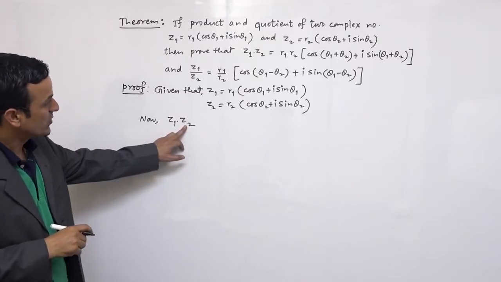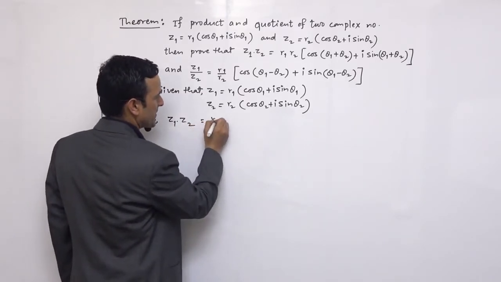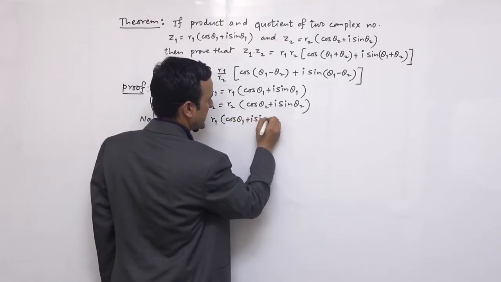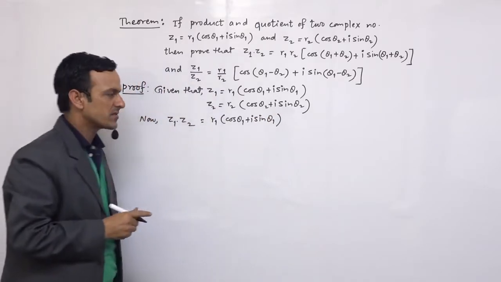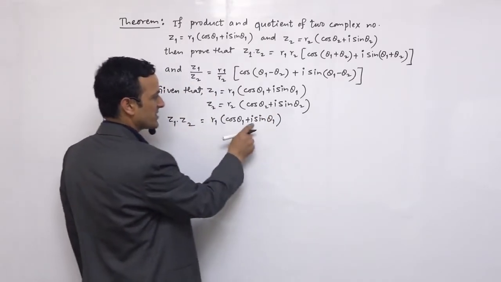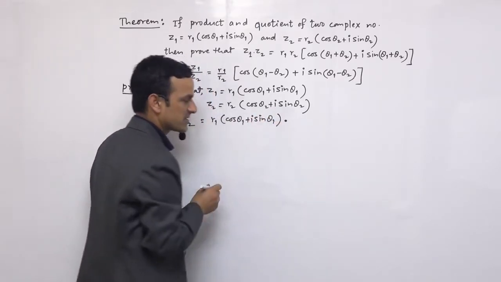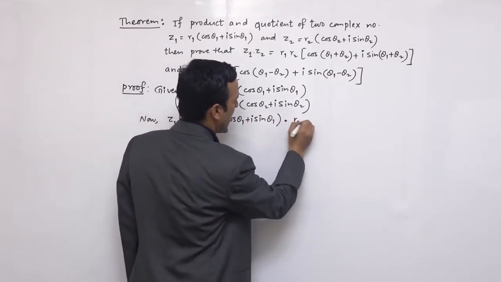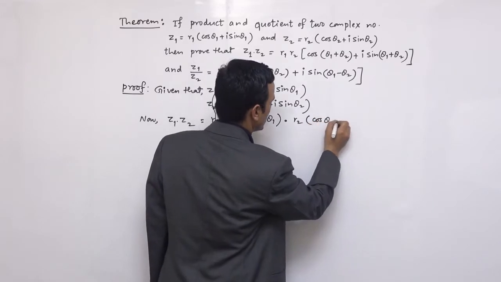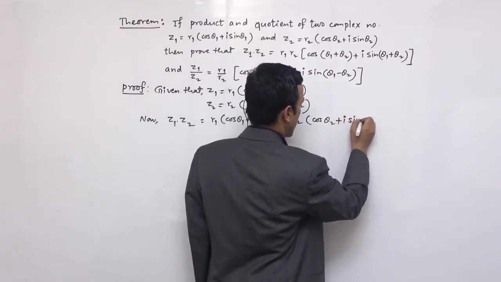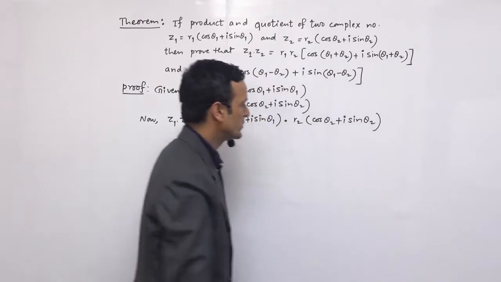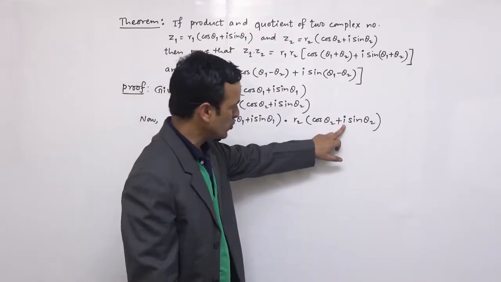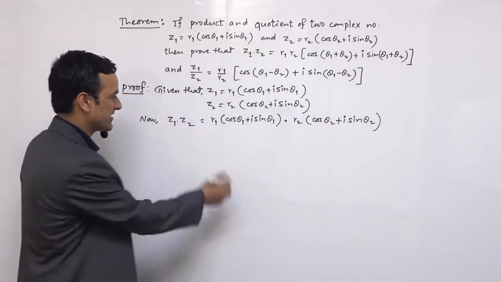Z1 into Z2. So after multiply, R1 into cos theta 1 plus i sin theta 1. Just substitute the value. Z1 is this one. Product means dot, and Z2 means this is the value, R2 cos theta 2 plus i sin theta 2. So this is Z1 and this is Z2. Now we are going to multiply them.